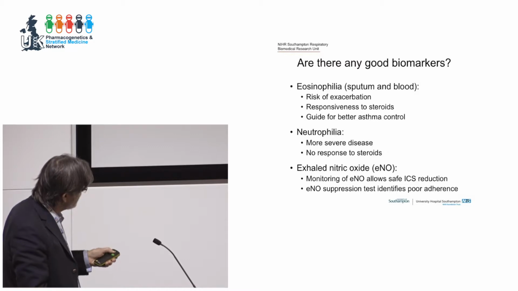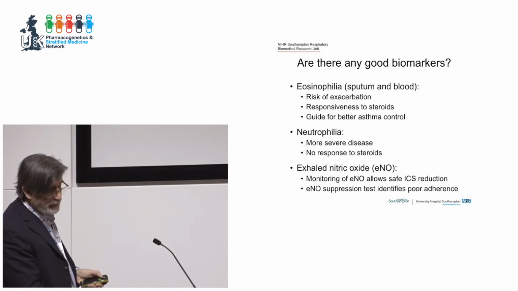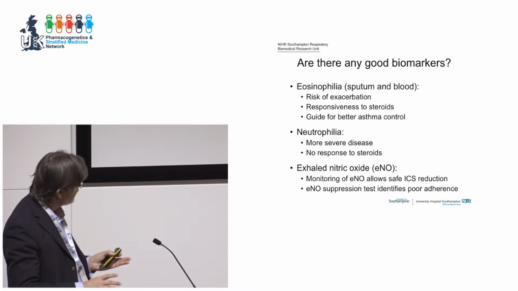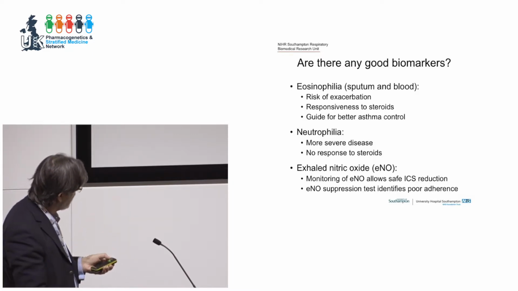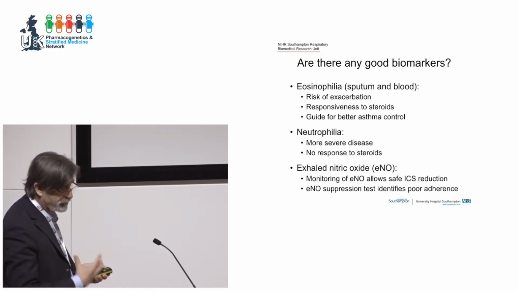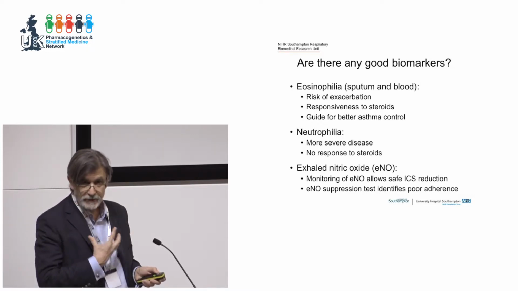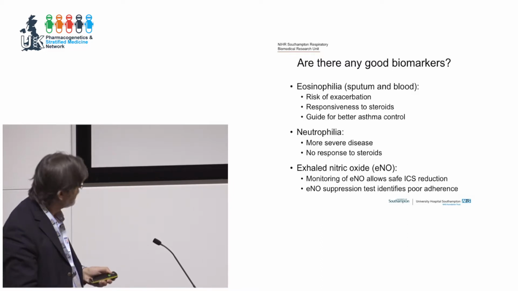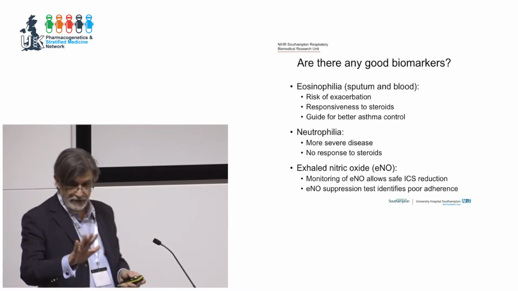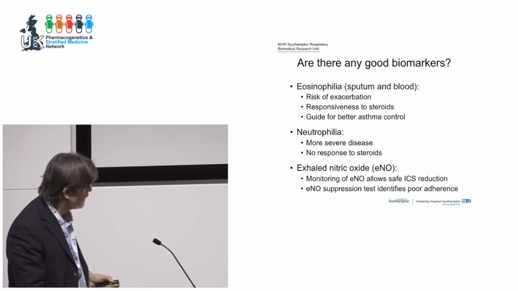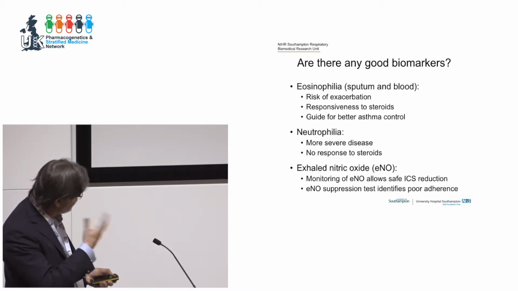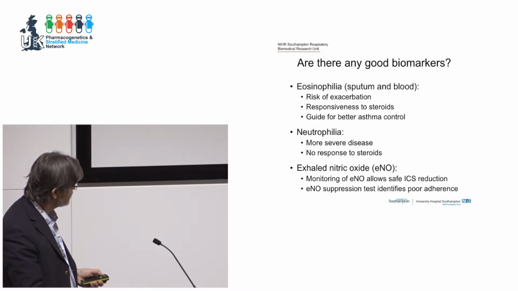And then there's this very nice and very simple and inexpensive way of looking at an overall inflammatory response of the type 2 profile, and that's exhaled nitric oxide. Our epithelium produces nitric oxide, in very low concentrations, parts per billion, but you can monitor exhaled nitric oxide, and it allows you to safely reduce the dose of inhaled steroids, thereby saving money and saving side effects from local excessive deposition of steroid.